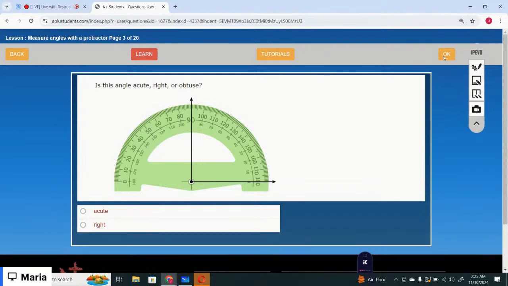Which is the correct option? Right angle it is. Very good. The correct option is right.